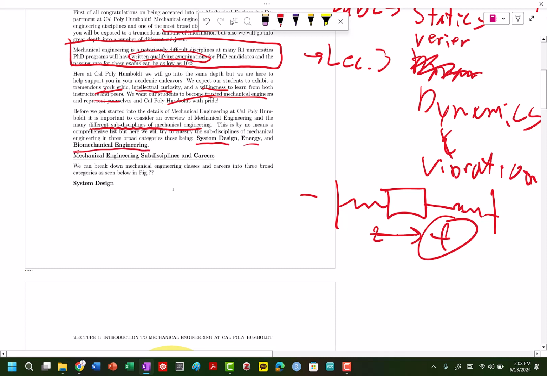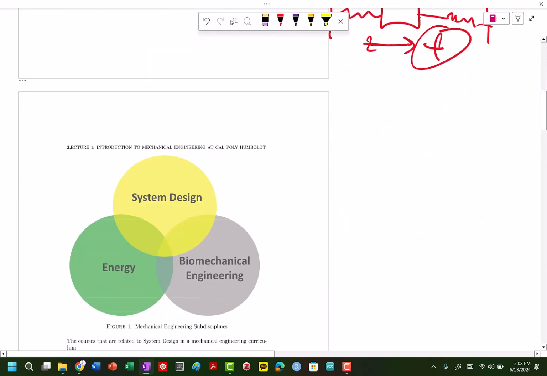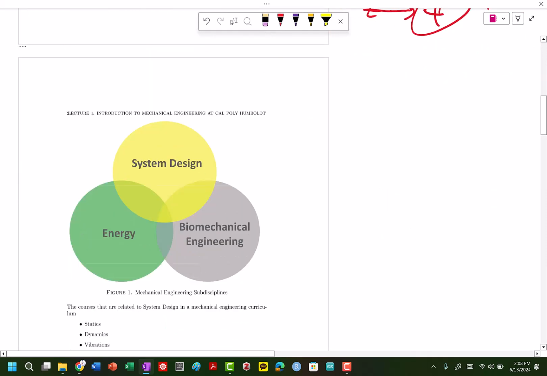So we can see these three broad categories here. What's composed of system design? Well, there are some courses that are related to system design, and there are also some careers that are related to system design.